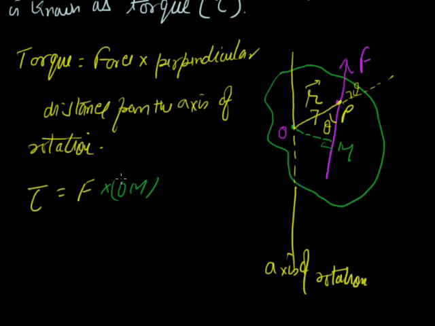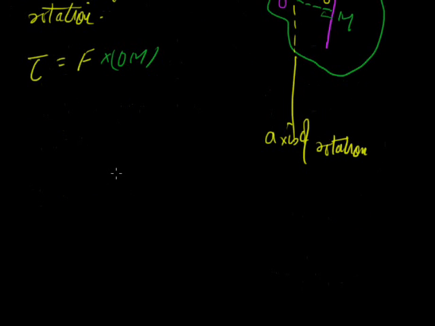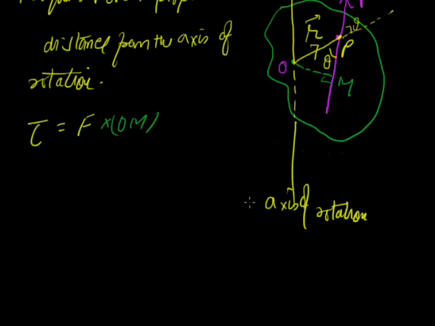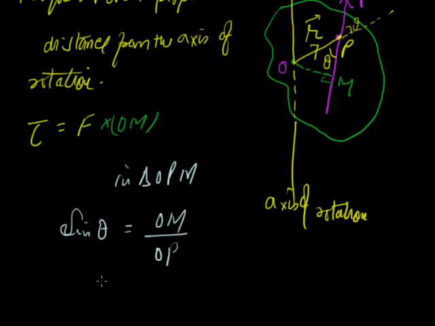Now we want to find the value of OM in terms of R. In the triangle OPM, sine of theta will be OM divided by OP, meaning OM is OP times sine of theta, that's R sine of theta.